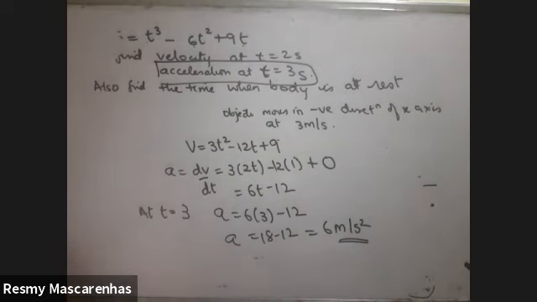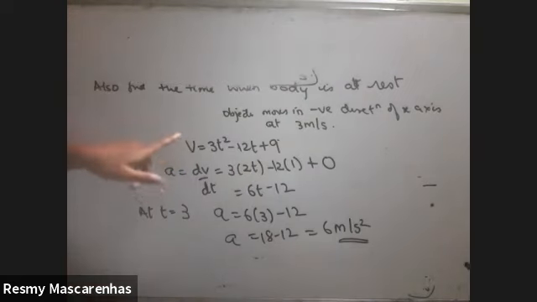And last step, what to do? Can anyone tell me? When the body is at rest, what is the condition we have to use? Find a time when body is at rest. Velocity is equal to 0. Yes. So put velocity equals to 0 and then put 0 here.